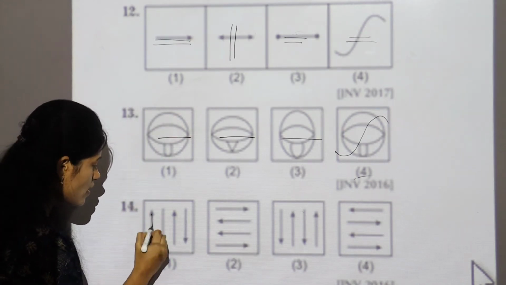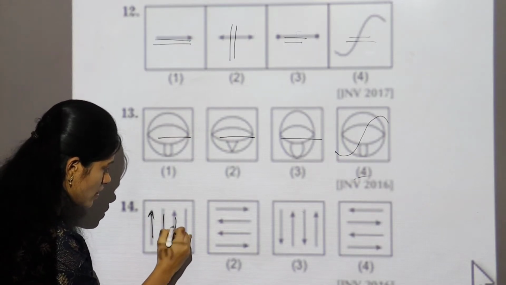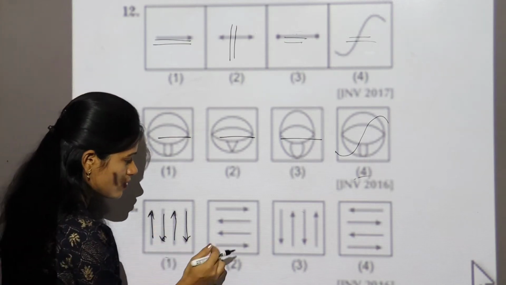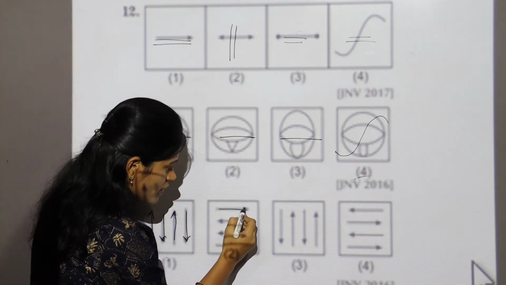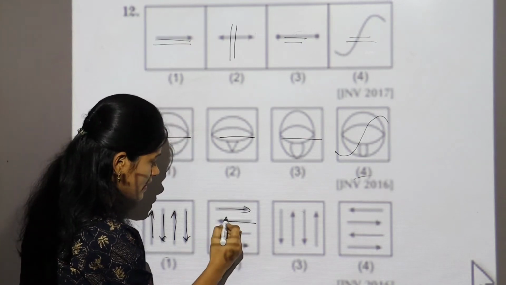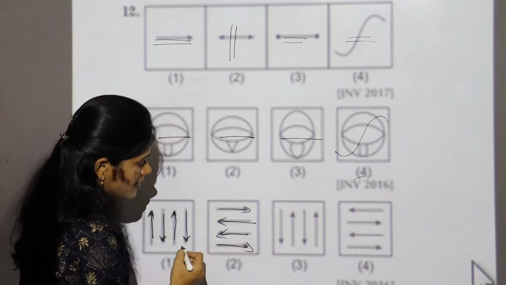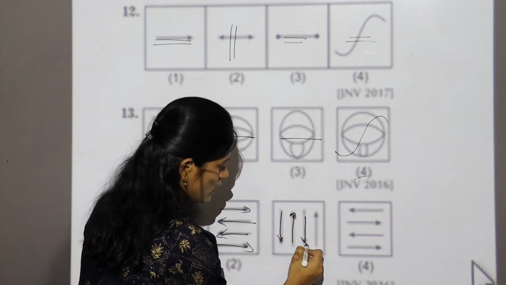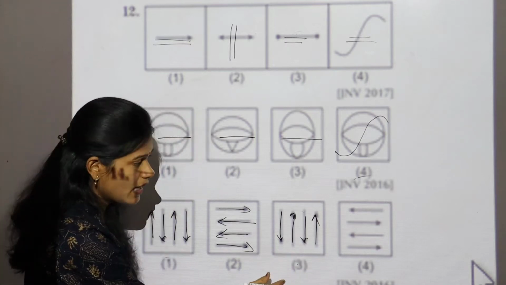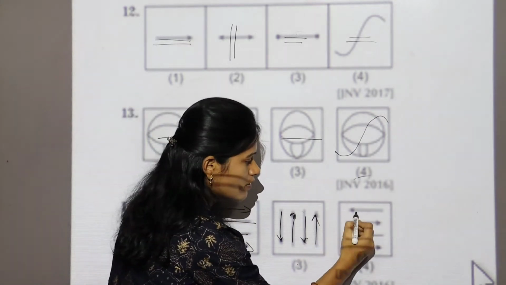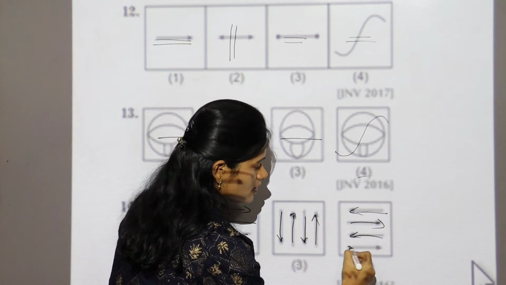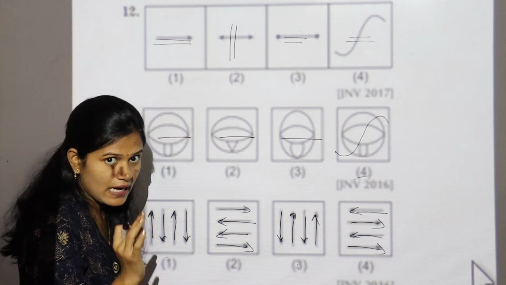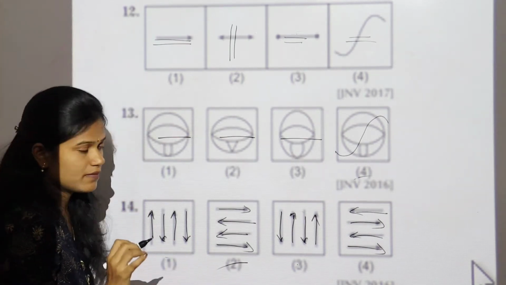In the first box, up, down, which means alternate. In the second box, the first arrow is towards right, second left, right. Now check the third, which is down, up, which means alternate. Now check the fourth, left, right, which means except 2, the remaining arrows are in alternate. So our answer is the second one.